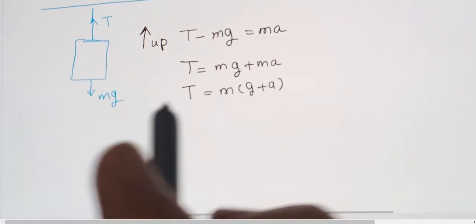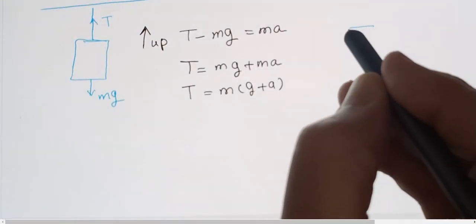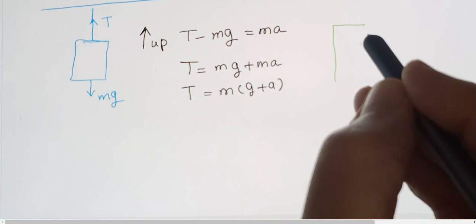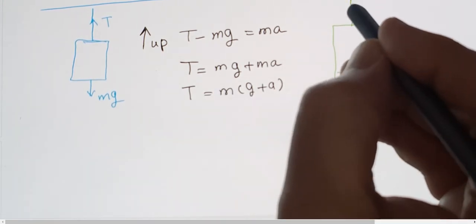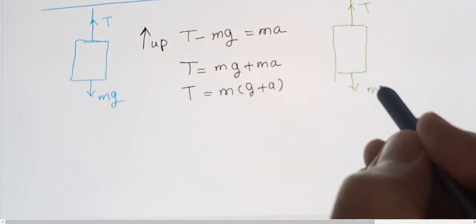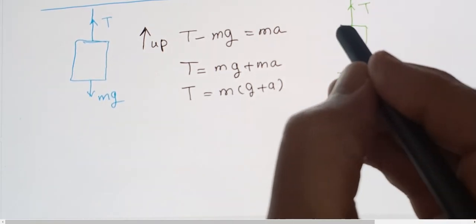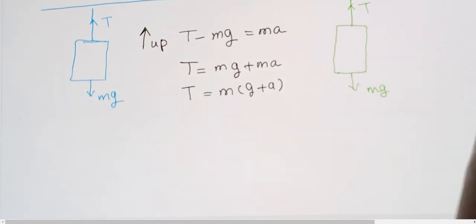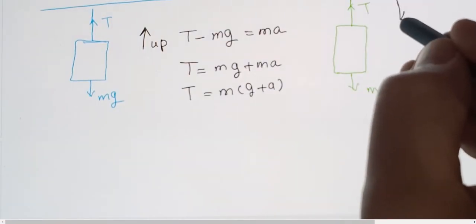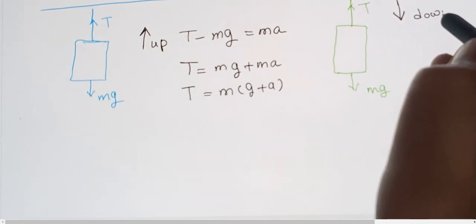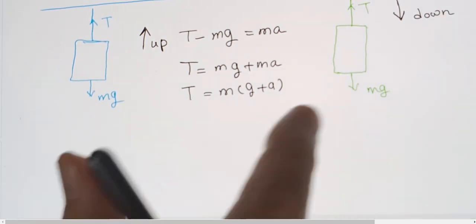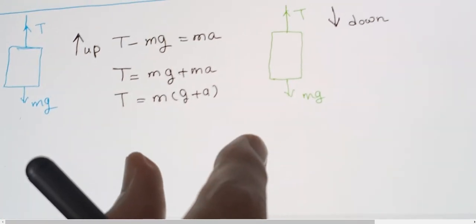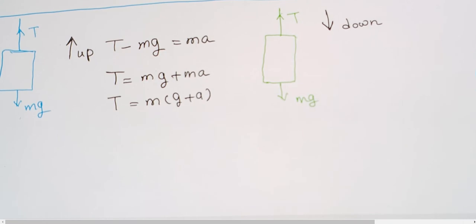طيب, the second situation, I will just change the color. So here is tension, and here is mg. And it is moving down with acceleration. In that situation, which is more, mg or tension?